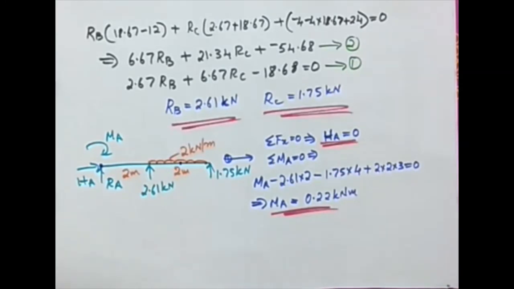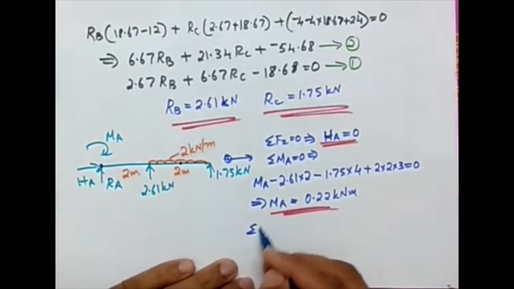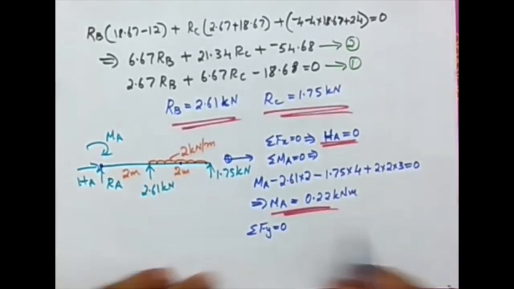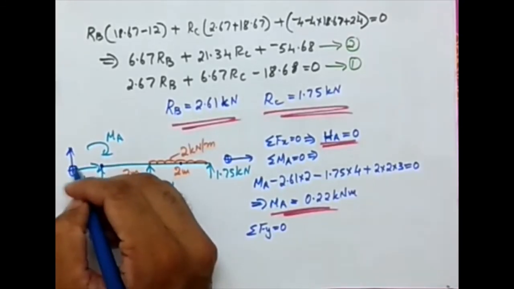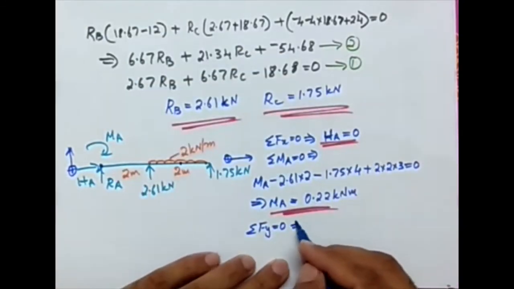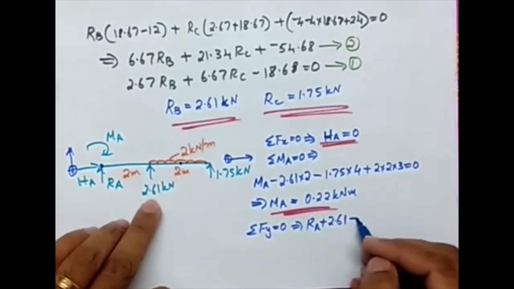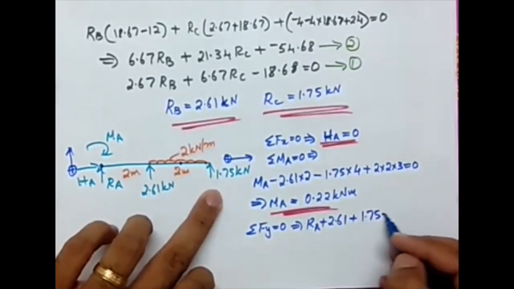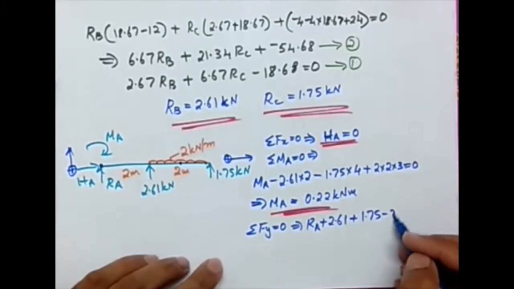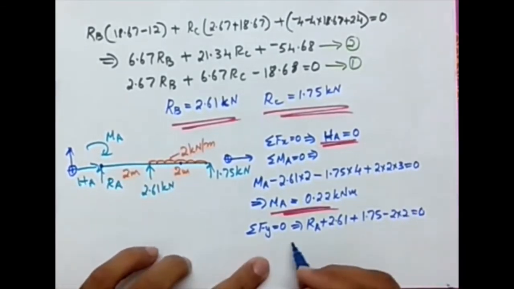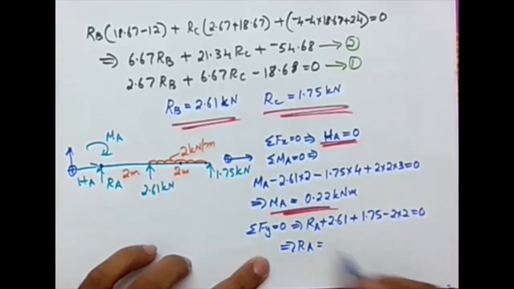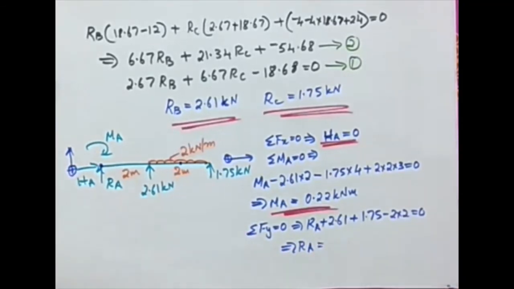Now the only thing left is the RA value. To get that, I can use sigma Fy equal to 0. I'm considering everything upward as positive, so it is going to give me the relation as RA plus 2.61 plus 1.75, and this is acting downwards, minus 2 times 2 equal to 0, which implies RA is equal to 2 times 2 minus 1.75 minus 2.61.